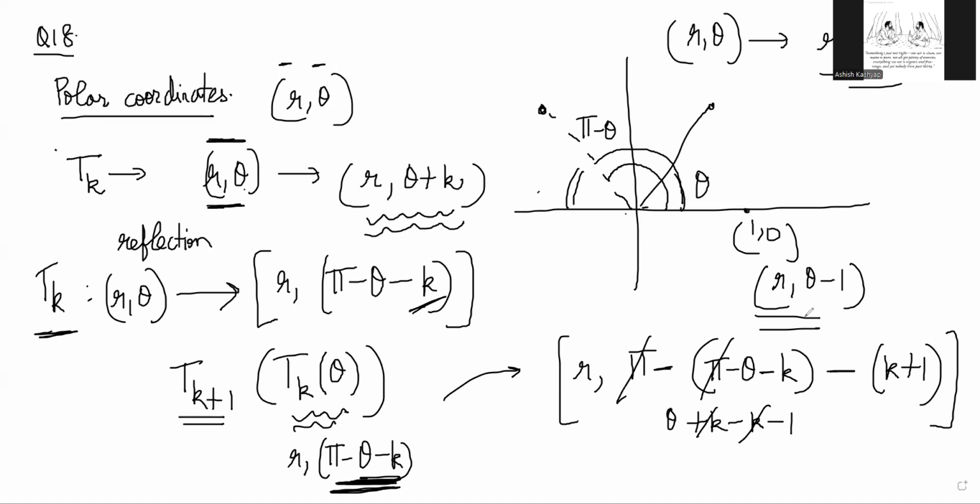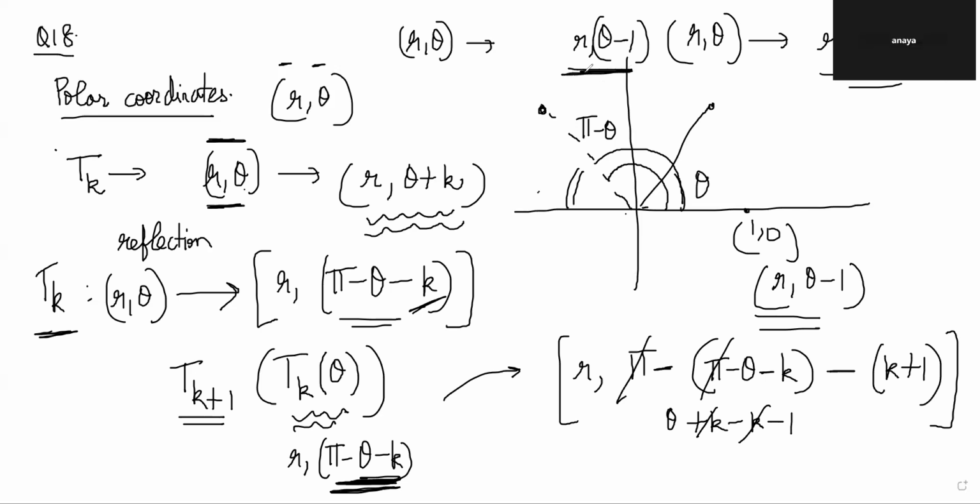So if you start off with r theta, after one operation you go here, and after another operation you go to r comma theta minus 1, right? We start off with what k value? We start off with T1, right?